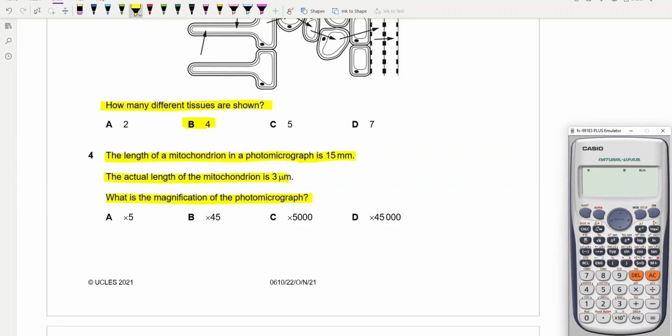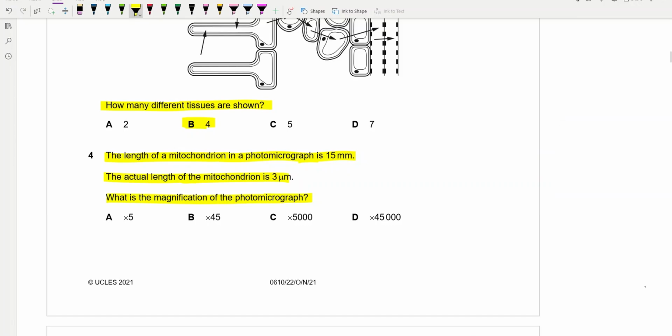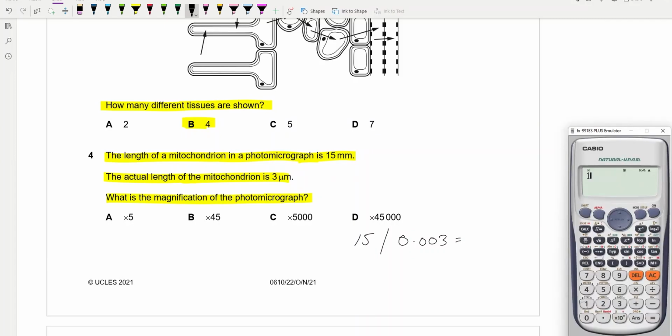So first we would convert 3 µm into mm. 3 divided by 1000 is 0.003, and we would divide 15 by 0.003. The answer would be 5000.